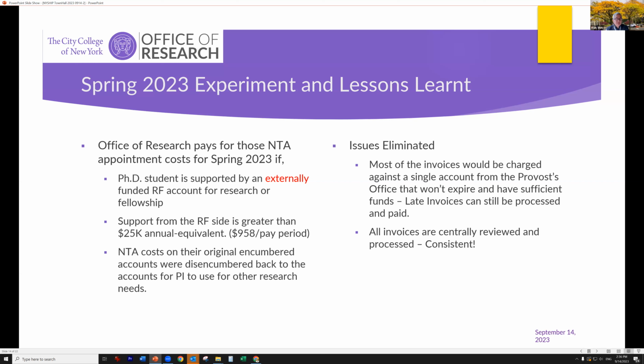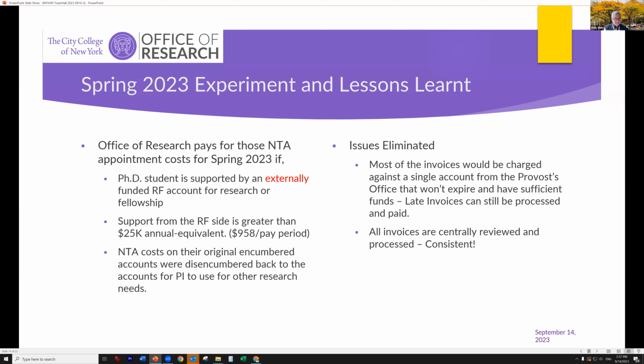So Dr. Wesson started to look into how to mitigate those kinds of issues. One solution that we came up with is to pay for those invoices, some of them at least. This past spring, we started an experimental program, where we look at all the encumbrances and at the students' appointments on the RF side as well.